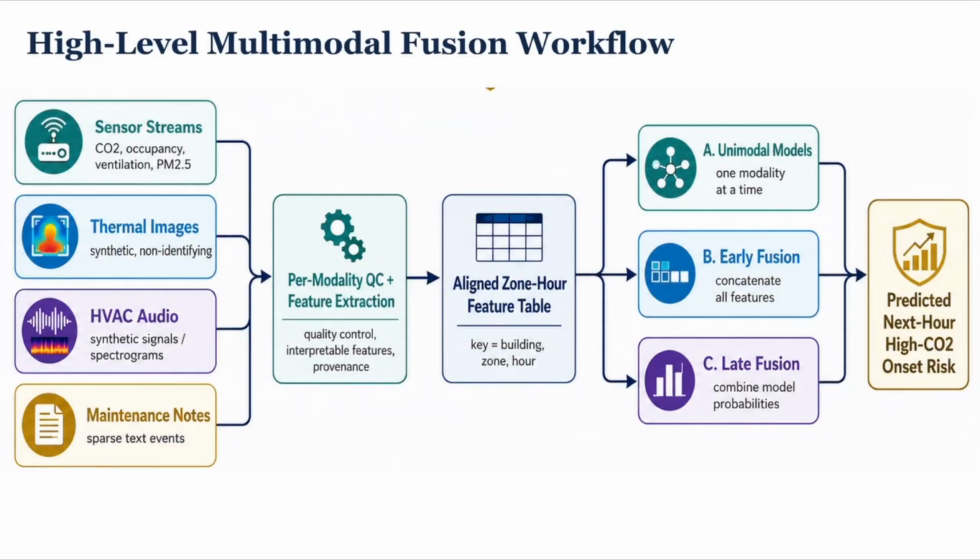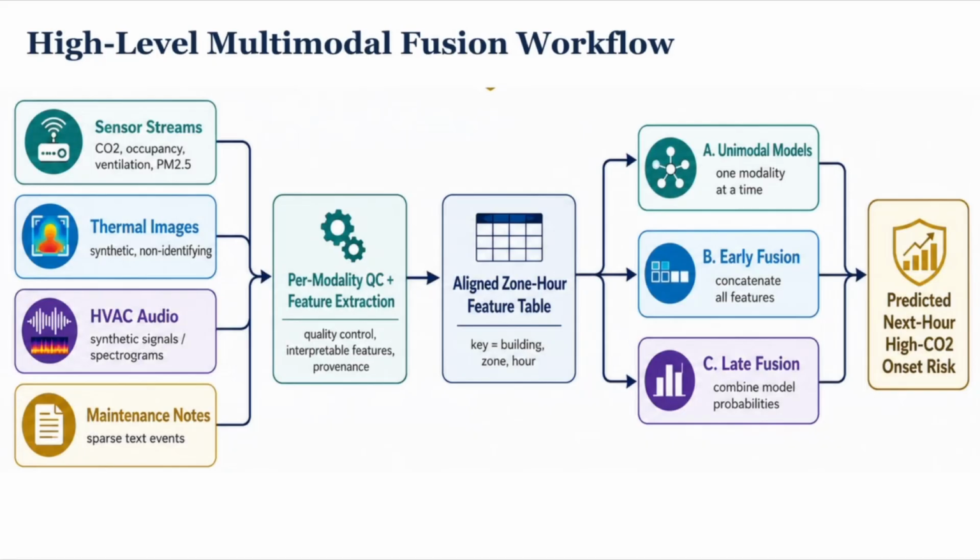In reality, we have the four sensors. The second block, quality check, is the same. Alignment with the zone feature table is also the same. But after that, we can go to only A or B or C. Then we predict the next-hour high CO2 onset risk.